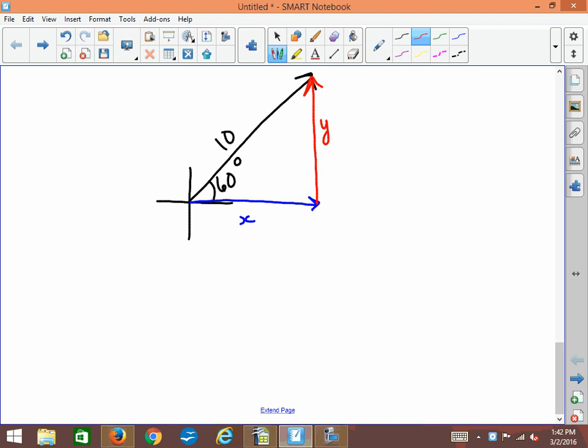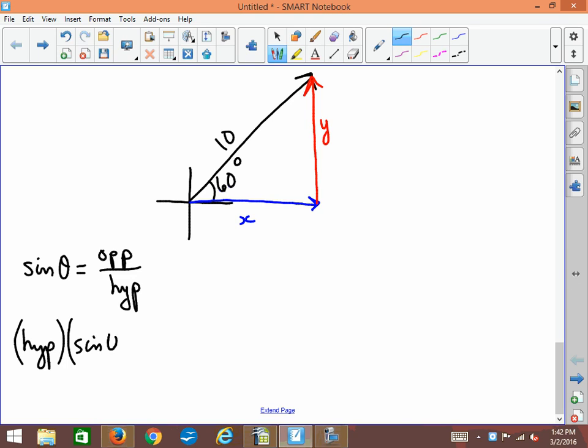Now, if I recall my mathematics, somebody once told me that sine theta is equal to opposite divided by hypotenuse. Correct? If I multiply both sides of this little equation by hypotenuse, this is what I will end up with. Hypotenuse times the sine of theta will equal opposite.